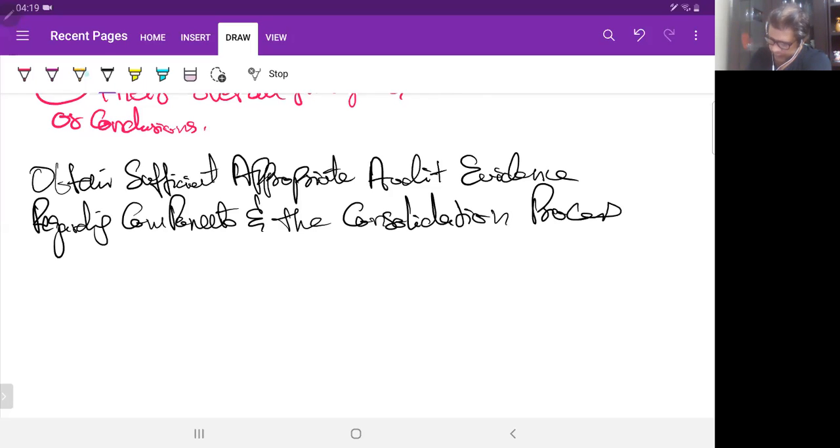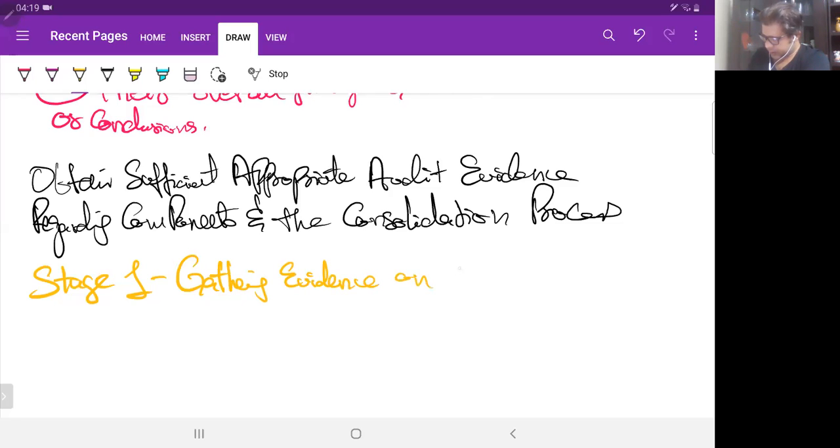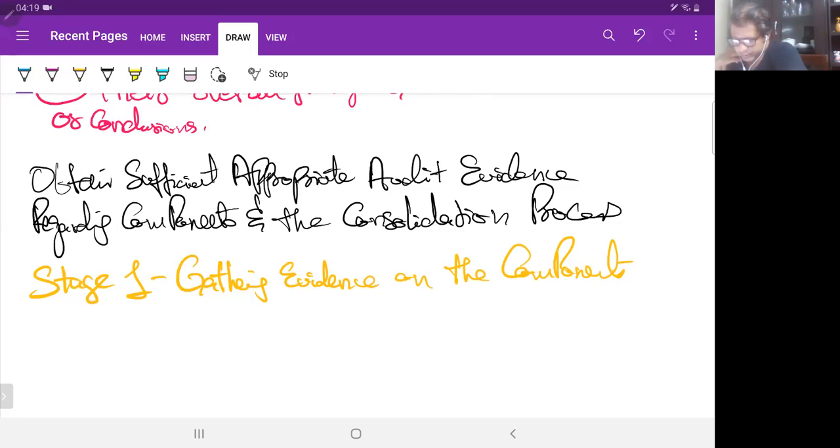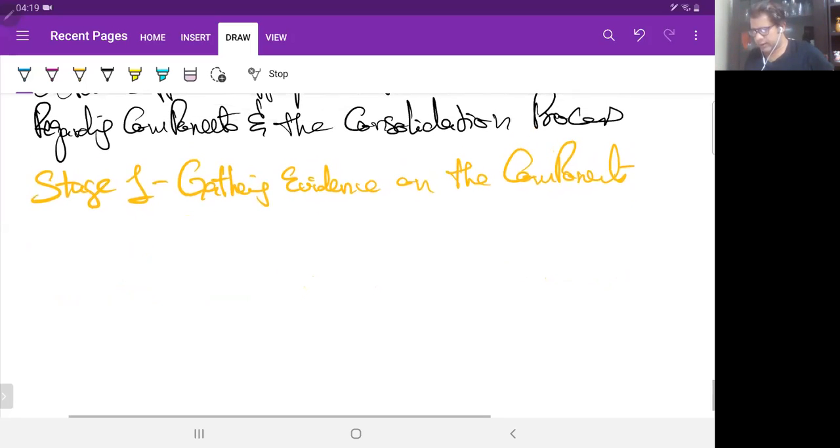Here we have stage one, which is gathering evidence on the components. So, what evidence can be? Firstly, we will have over here our planning and risk assessment, right?